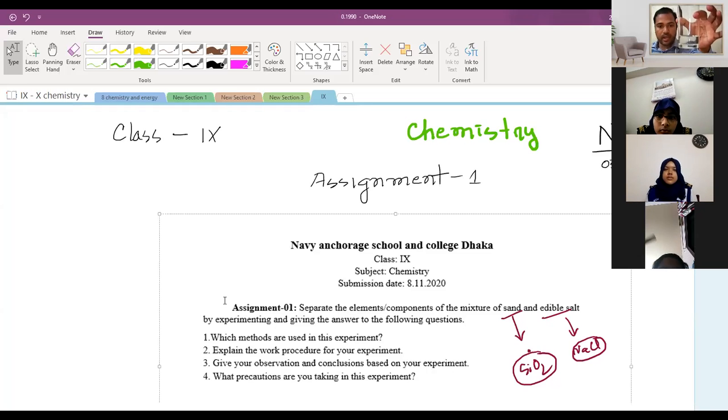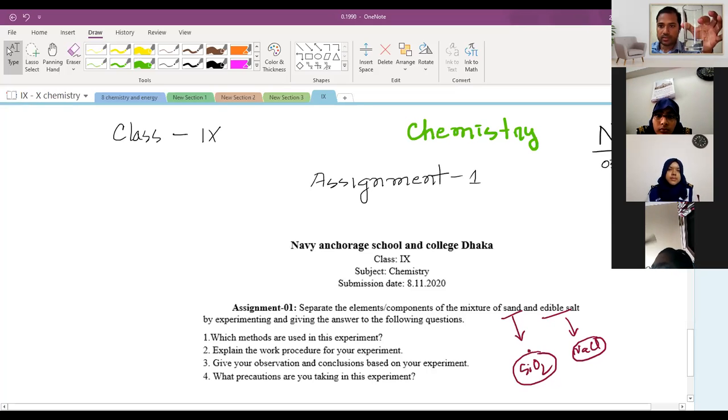Now for the next step, take this water in a container and apply heat like that. Everybody has a container at home, right?